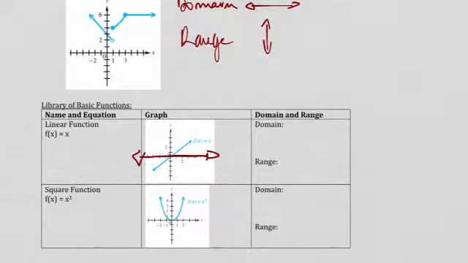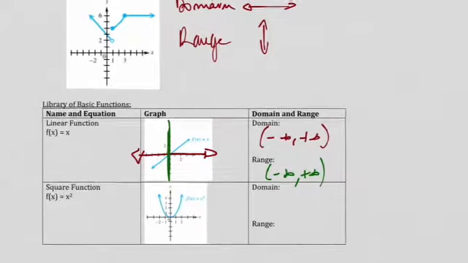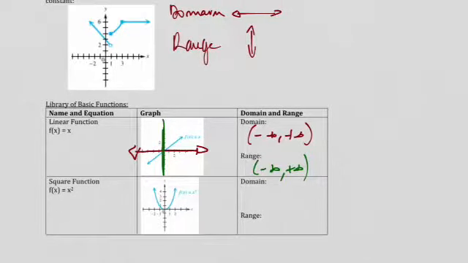The domain is going to be minus infinity to plus infinity. Always parentheses next to infinity. The range is vertical, and I can see that the range is also minus infinity to plus infinity. Same thing.